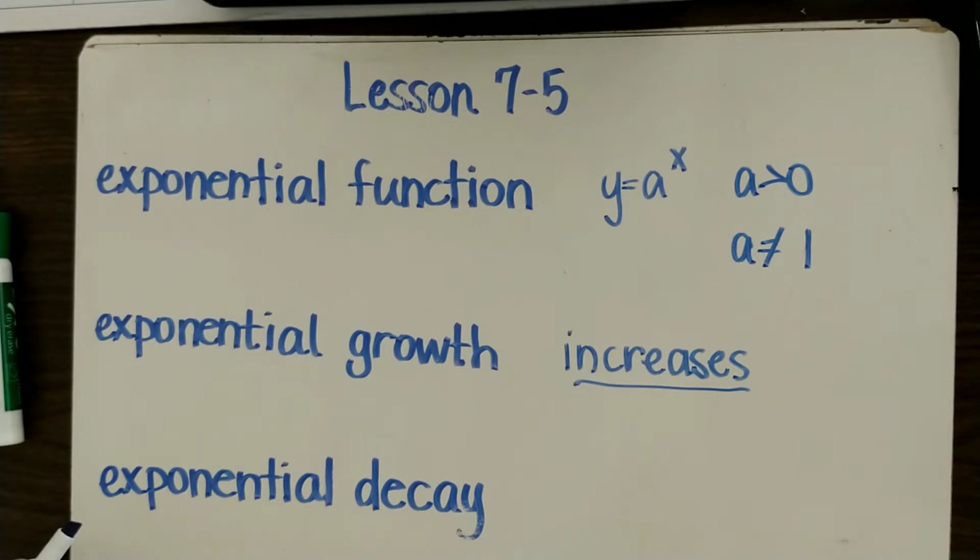Well, if we think of exponential growth as increasing, then exponential decay would be decreasing. When you think of something decaying, then it gets smaller. So the definition for that is when an initial amount decreases by the same percent over a given period of time.